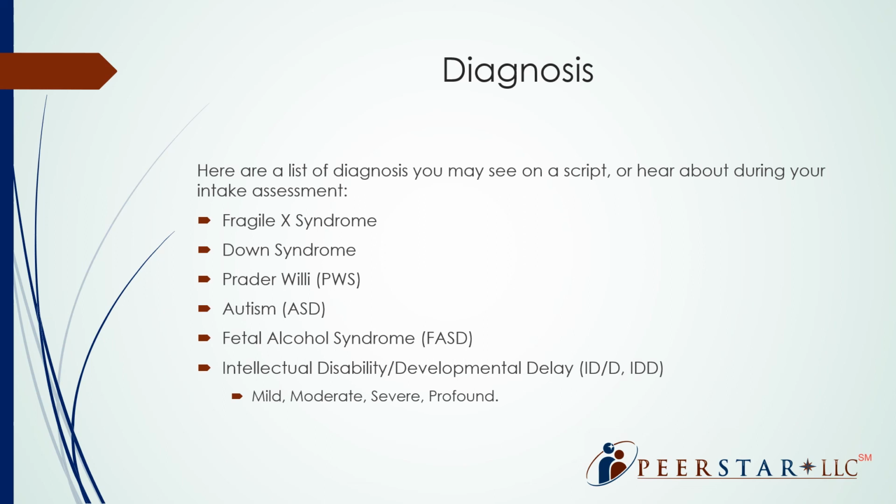I also put if they had a short version of it, because sometimes doctors will put like PWS or AST, and you may not know what that means. So here are a list of things you may see. If you have a question, if you get a script or someone says something on the phone and you're not sure, you can get a hold of me and ask, and I can tell you yes or no that would be somebody that would qualify to go into the dual diagnosis program.